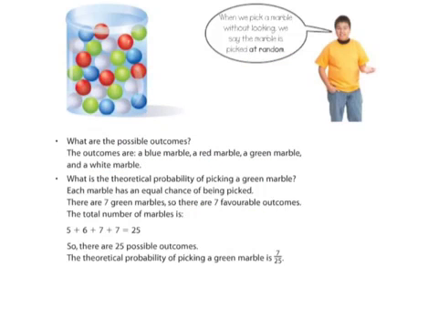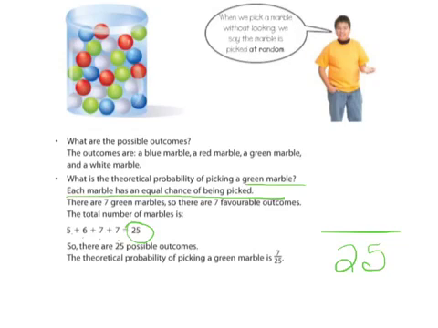What is the theoretical probability of picking a green marble? Well, each marble has an equal chance of being picked. So how many marbles were there all together? Well, there was 5 and 6 and 7 and 7, so a total of 25 possible. So that becomes our bottom number. The favorable outcome is green.